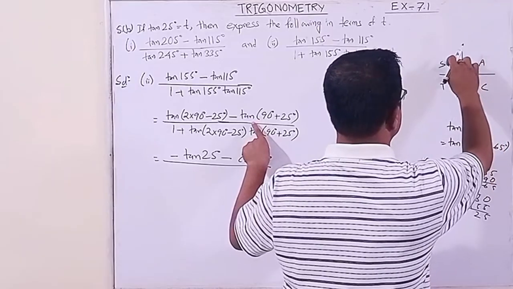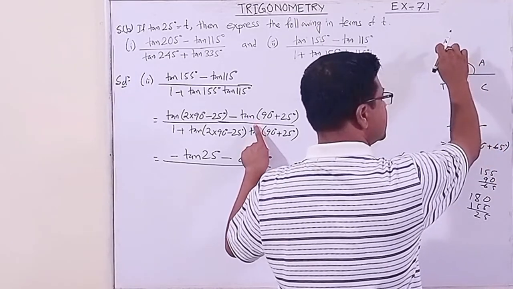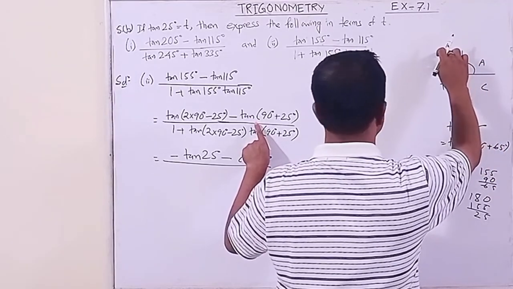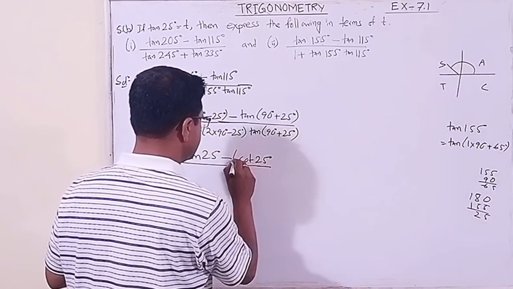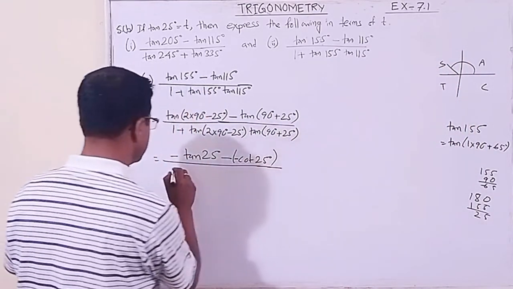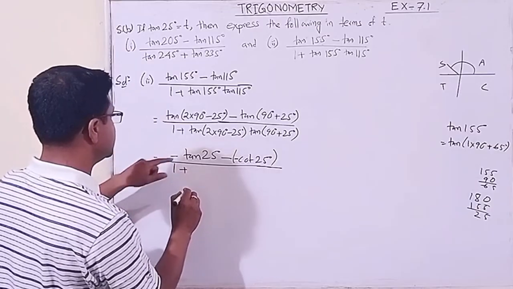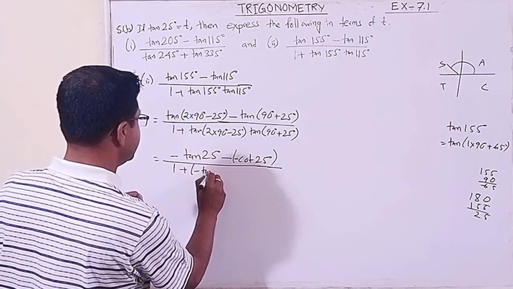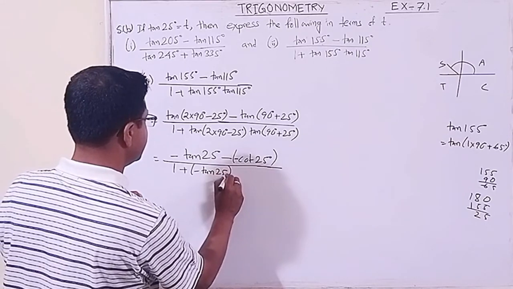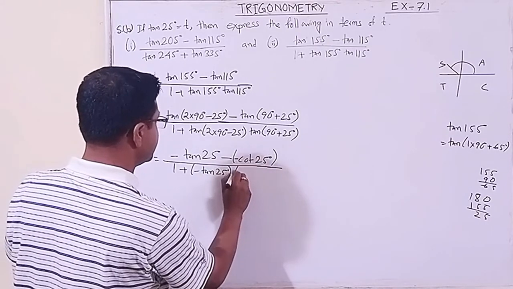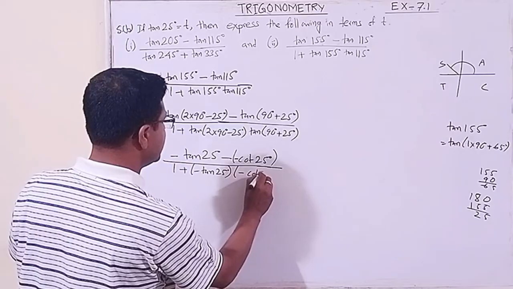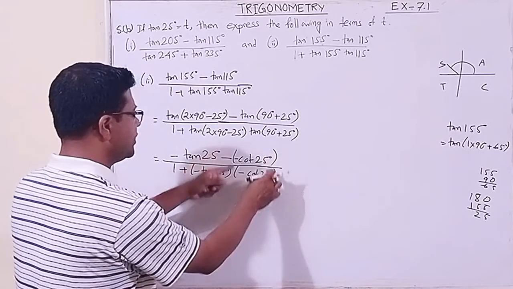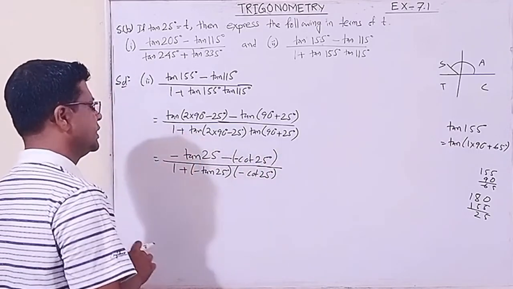Tan of 90 plus 25 falls in the second quadrant. In the second quadrant, tan is negative. So minus. Then this is minus tan 25 degree, and this we have already got, minus cot 25 degree, because from here we are just copy pasting.